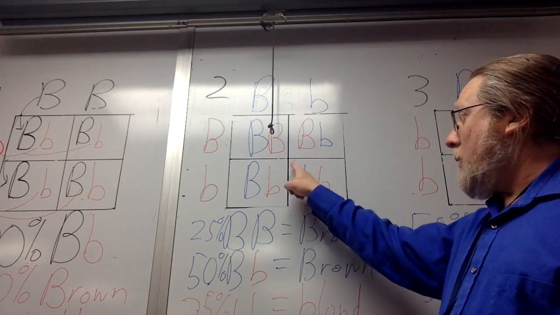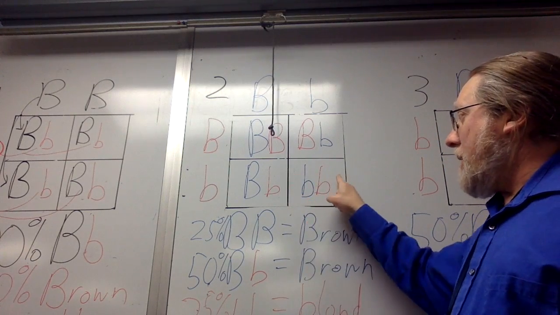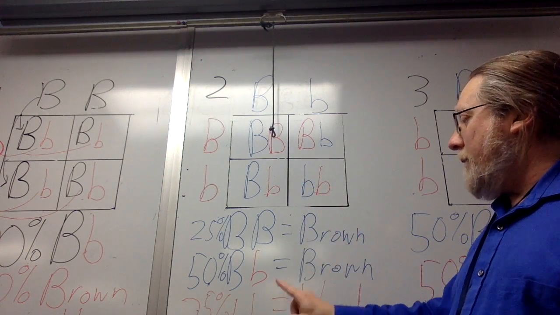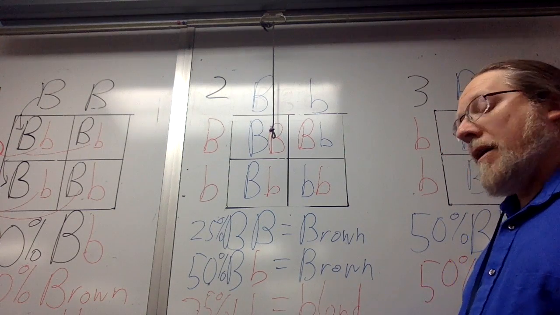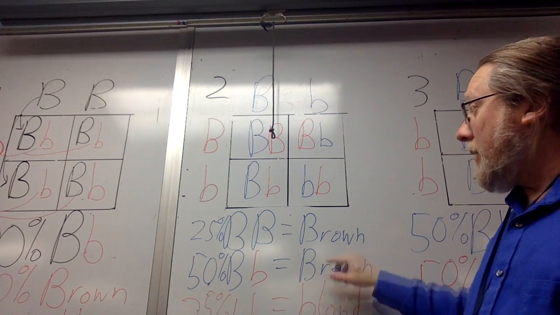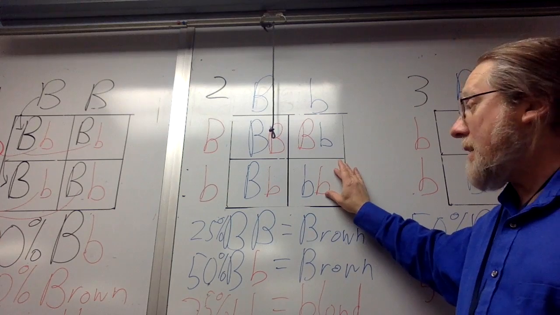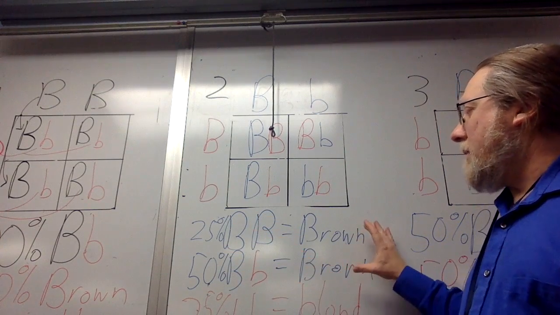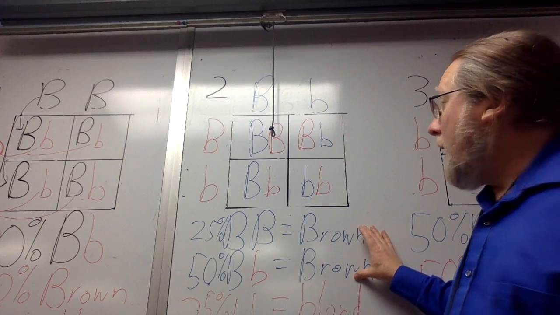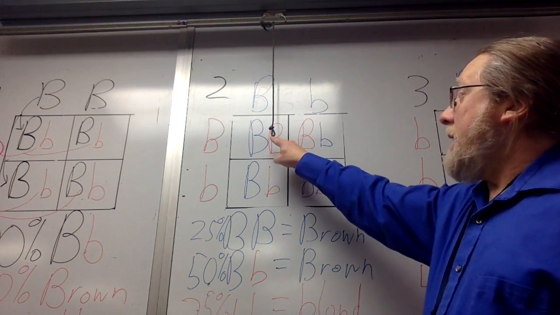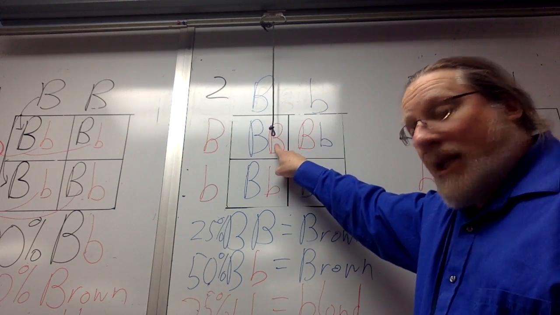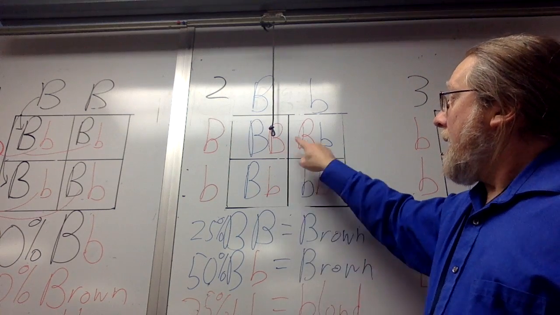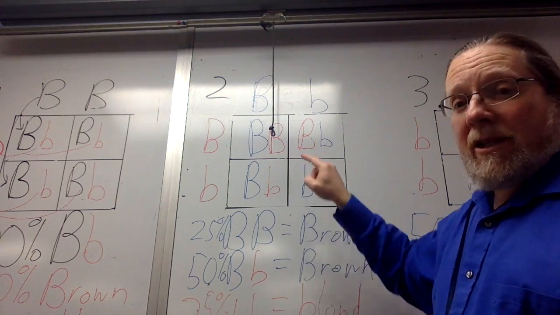But as we see when we play out the Punnett square, there is a 25% possibility of them having a blonde child. That would be the homozygous recessive. There would be a 75% chance of them having a brown-haired child, and that is a combination. Homozygous dominant, 25%, and heterozygous, 50%.